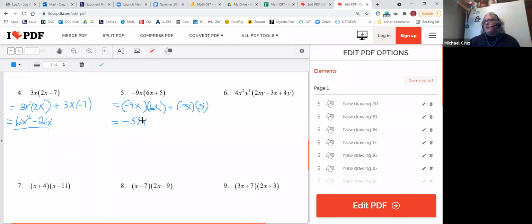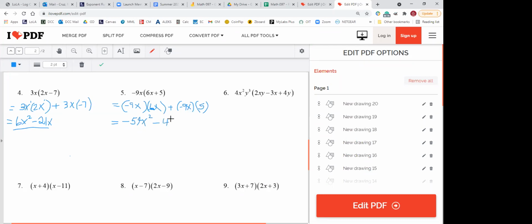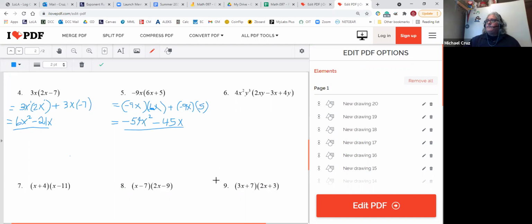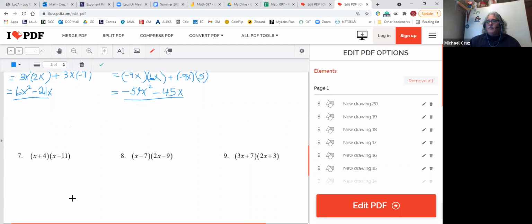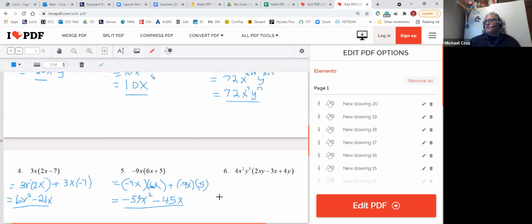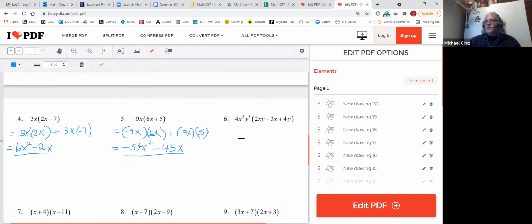X squared, good. Negative 45, and just 1x. All right. Now on none of these 3 through 6 will you have anything that's going to combine, but starting in 7, you're going to end up having ones that do. So go ahead and do this last one here on number 6.